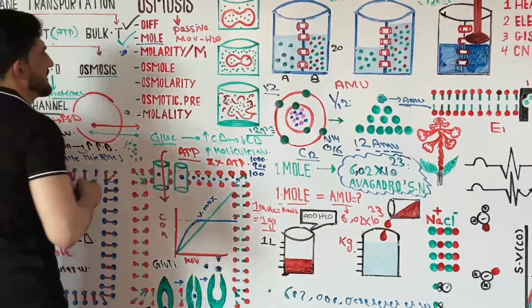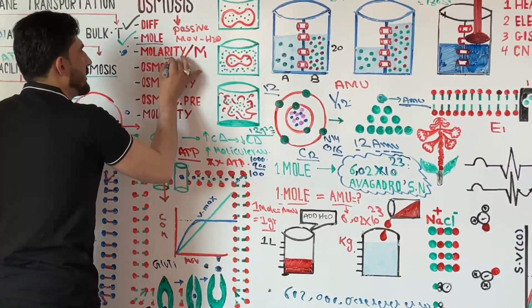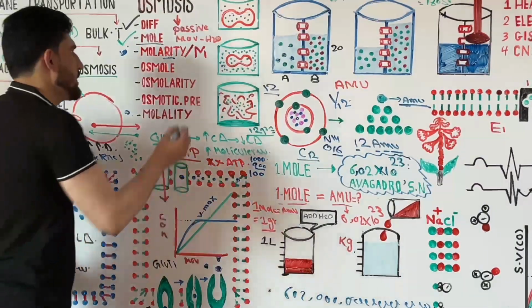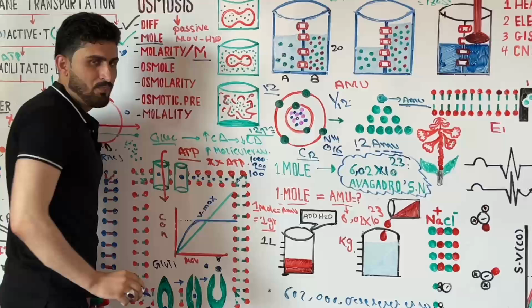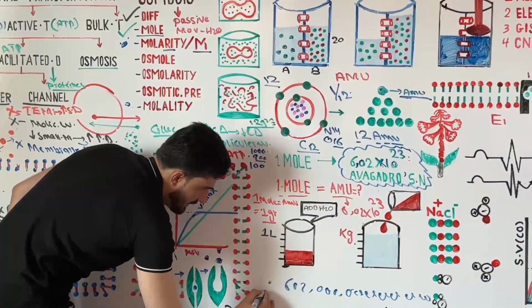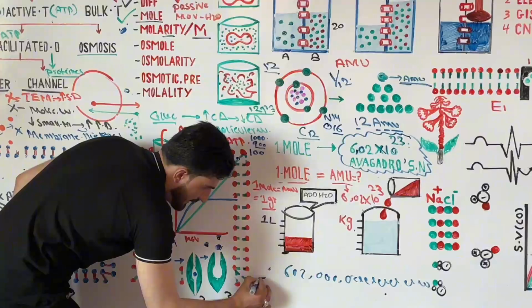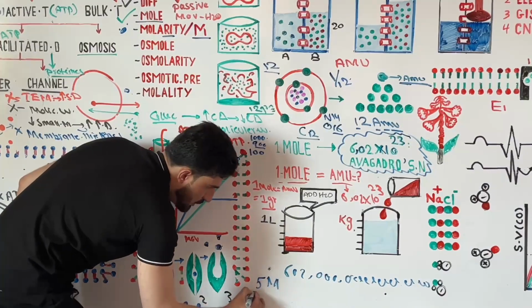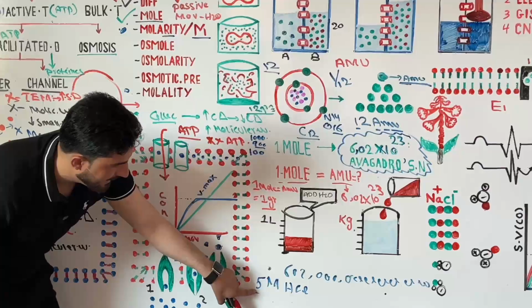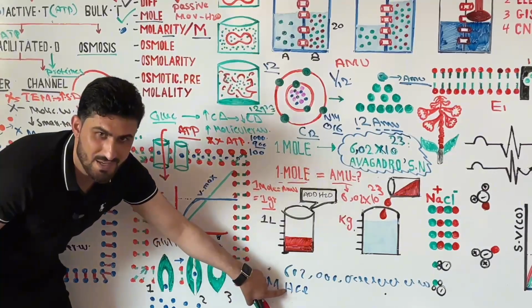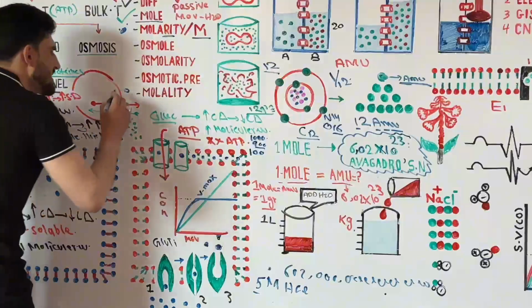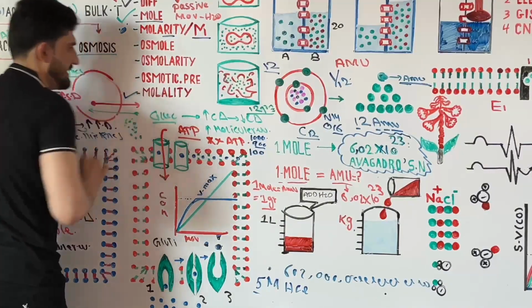We write it with a large M. For example, if I tell you that in this solution I have 5 M HCl, it means that I have 5 moles of HCl in 1 liter.